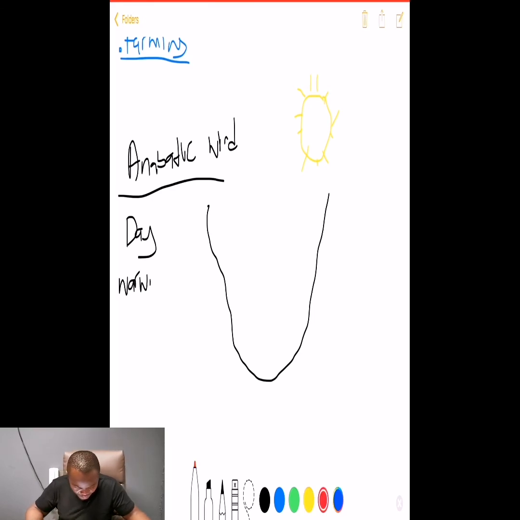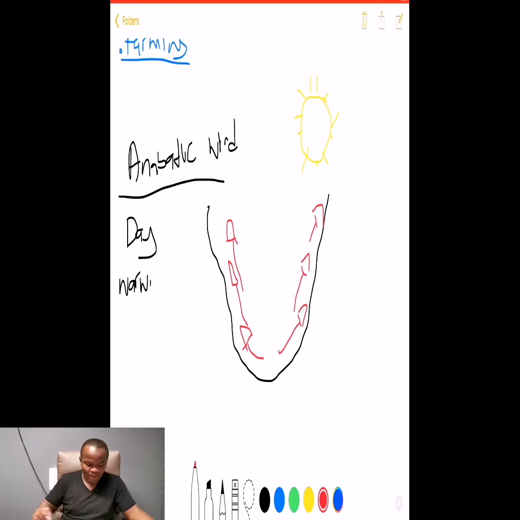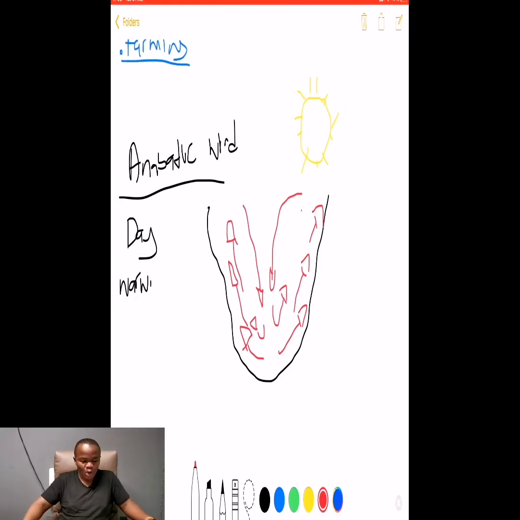They occur during the day when the slopes are heated, causing the warm air to rise against the slope.